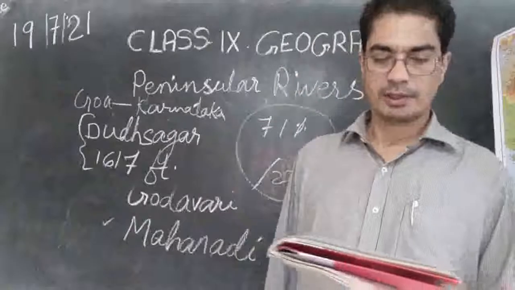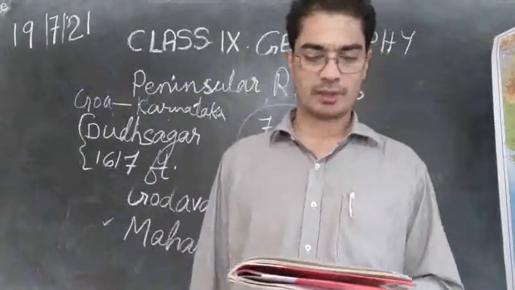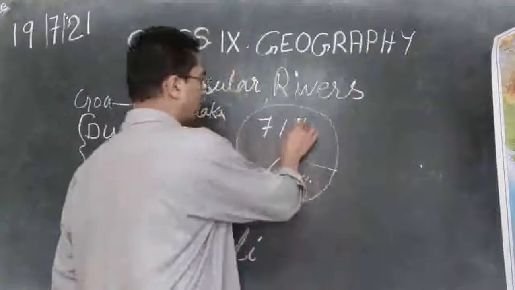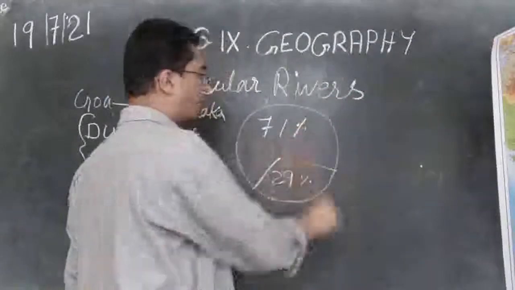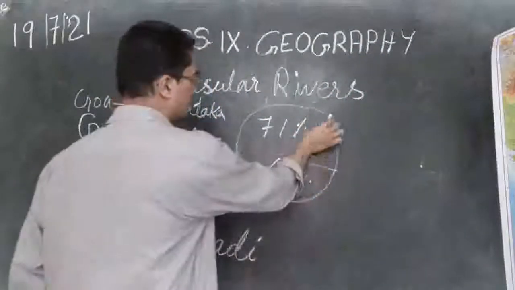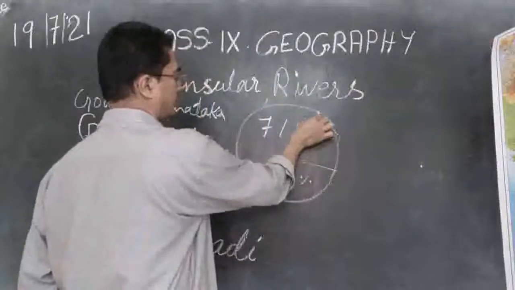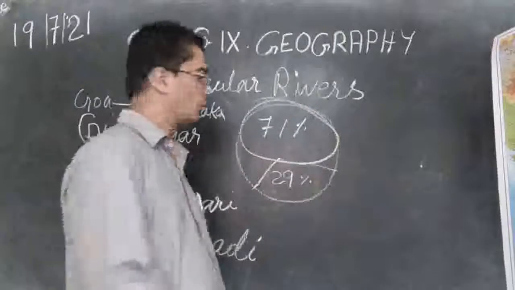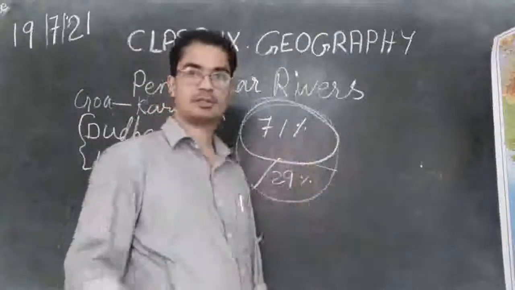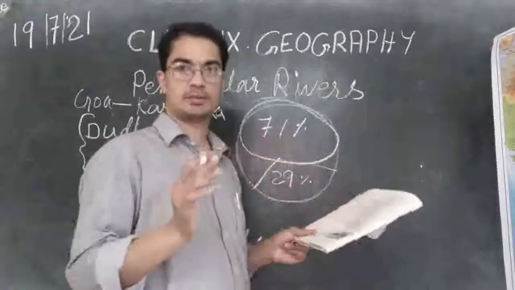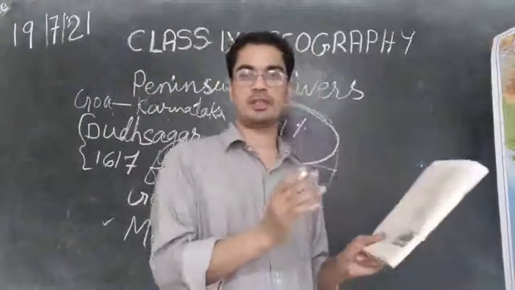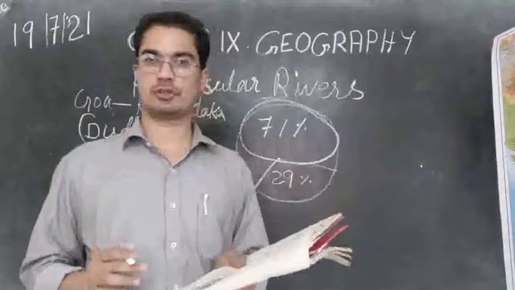But 97% of that is salt water. So if you take this 71% of the water, all this is not good water. 97% of the total water is salt water. That means it is found in the ocean, in the sea and so on.